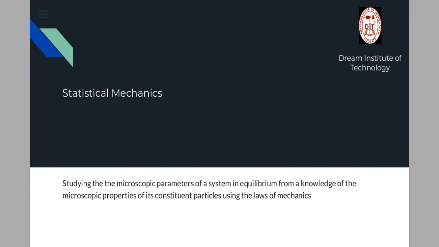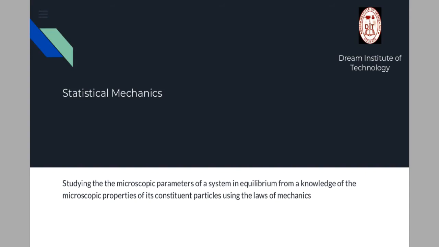It may be noted that thermodynamics does also aim at studying a macroscopic system in equilibrium. Then why do we need statistical mechanics? It is only natural to expect that macroscopic behavior of a system, that is, things that we can visualize normally, is the result of what is happening at the microscopic level, that is, molecular level.